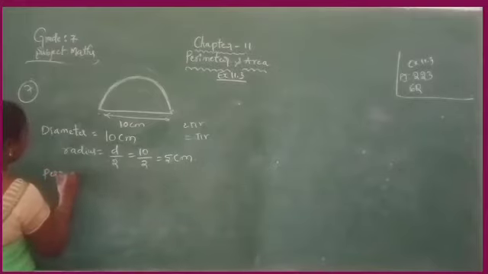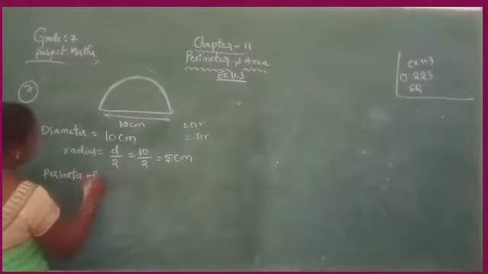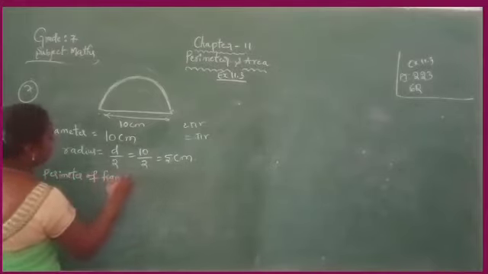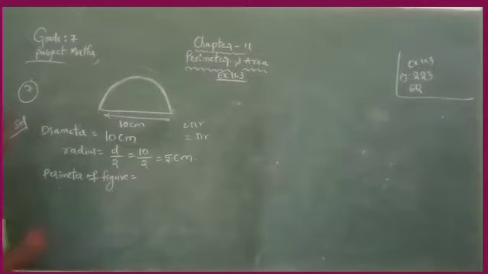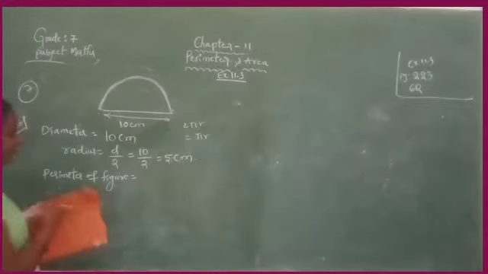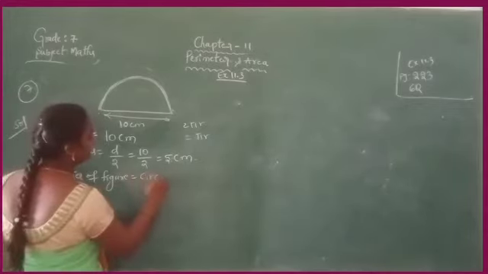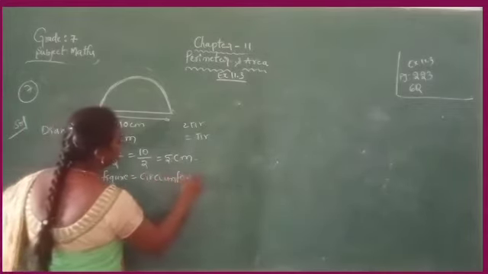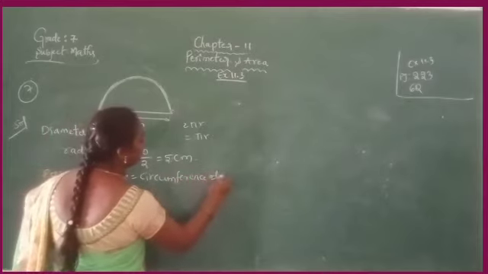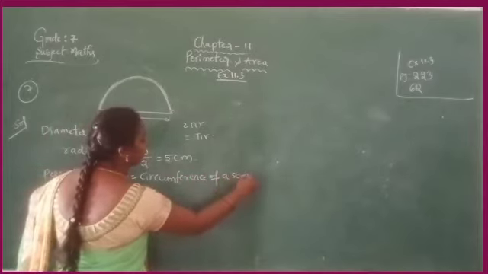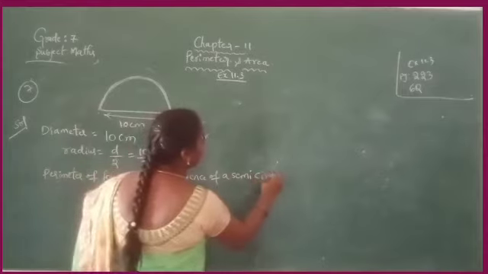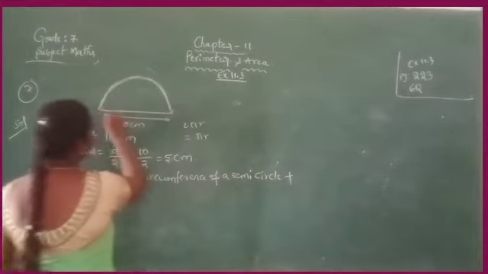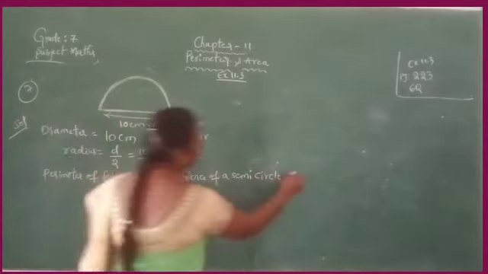So that perimeter of the figure is equal to, so what is the perimeter of a figure? The circumference of a semicircle plus diameter.